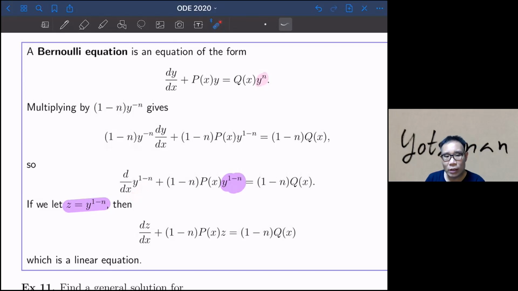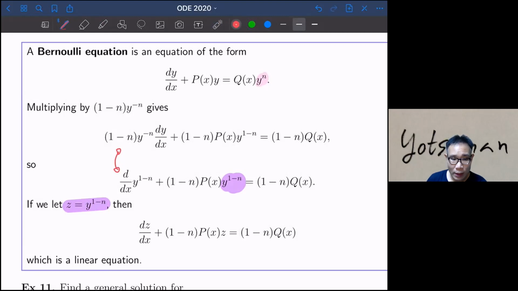When you take d/dx of y to the 1 minus n, the 1 minus n will come down, and you have y to the 1 minus n minus 1, which gives you just y to the minus n, and by using the chain rule you have dy/dx. So this one and this one turn out to be identical, and they are just d/dx of y to the 1 minus n, okay?